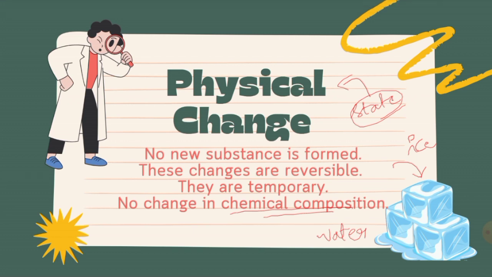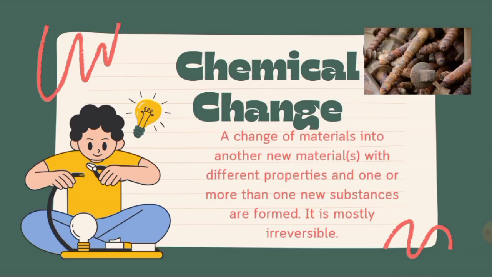But we need to understand chemical change more clearly. So let's understand the chemical change. Here we have a definition: a change of material into another new material with different properties, where one or more new substances are formed.